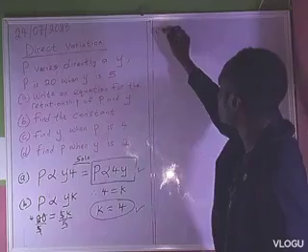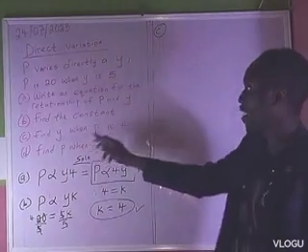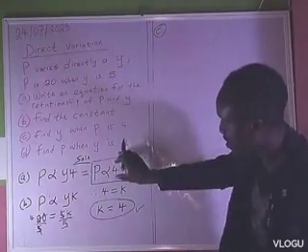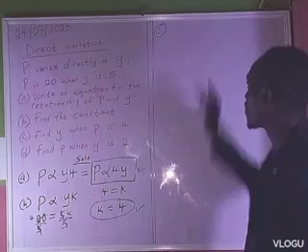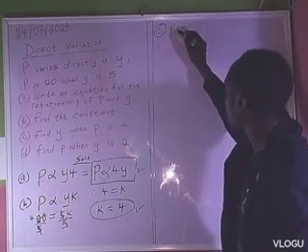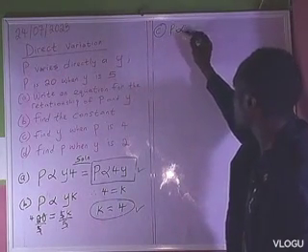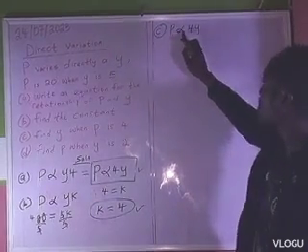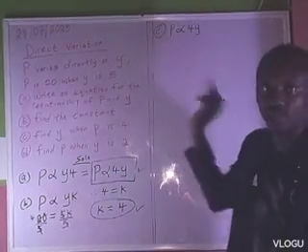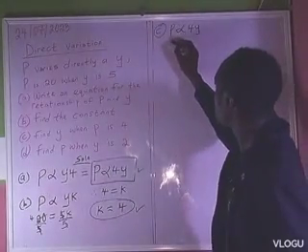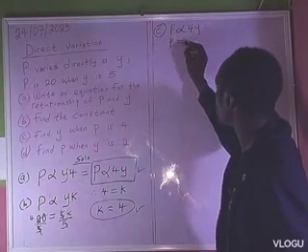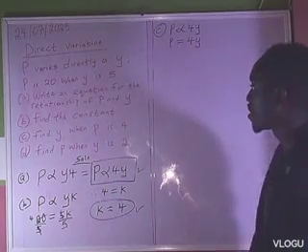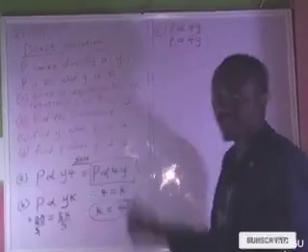Now in question C, find Y when P is 4. Don't disturb yourself, just bring out this relationship. P varies directly as 4Y. And I'm going to change this sign to equals to. P is equals to 4Y. Then back to the question, it says find Y when P is 4.